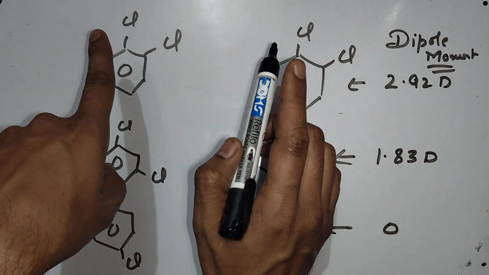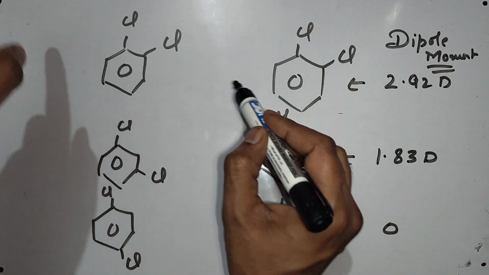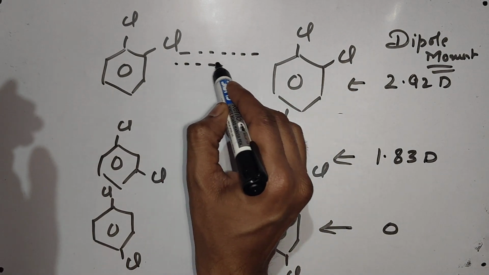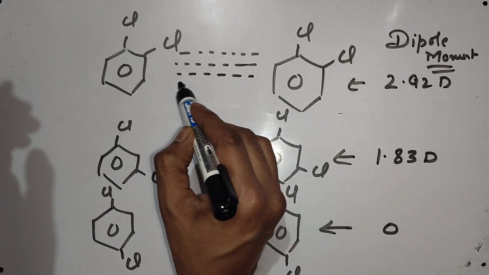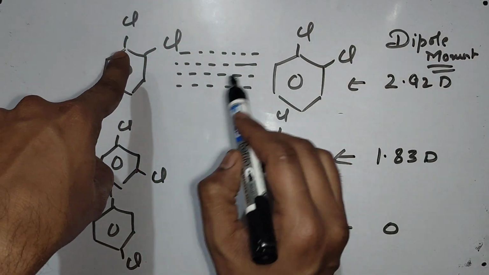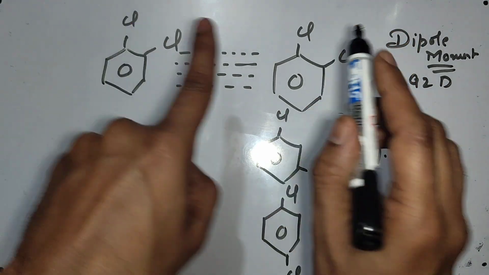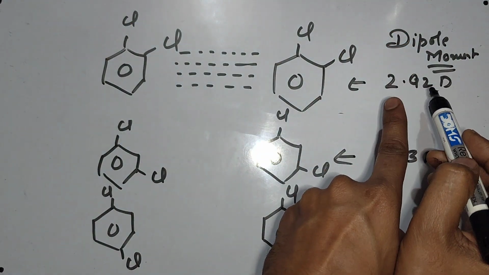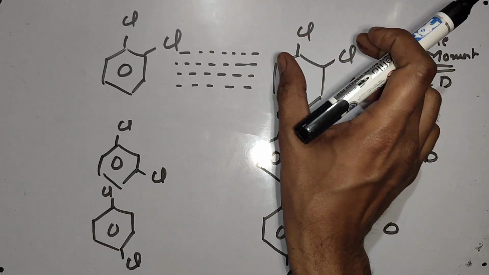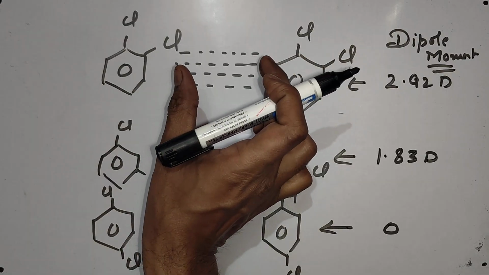So if I talk about dipole-dipole interaction, between ortho particles it will be strongest. So 1, 2, 3, 4. 4 lines I am drawing between these two. These 4 lines represent strong dipole-dipole interaction because the particles have high dipole moment. High dipole moment means overall high charge is there. So that's why the forces of attraction are also strong.